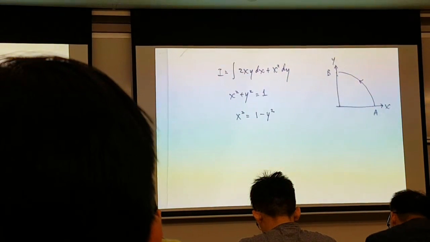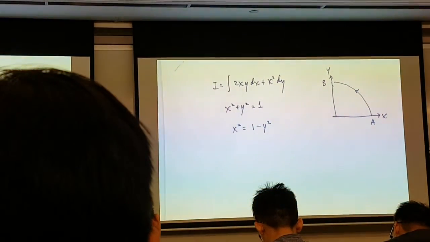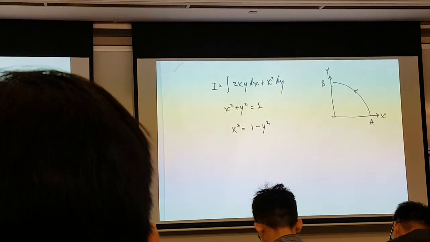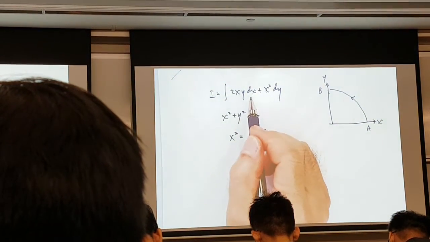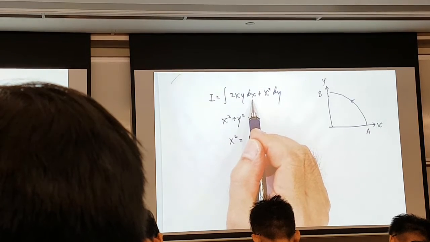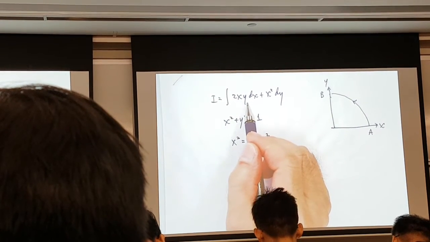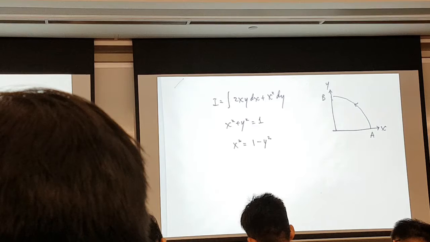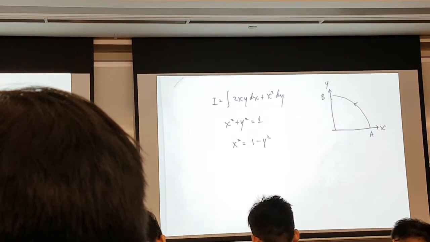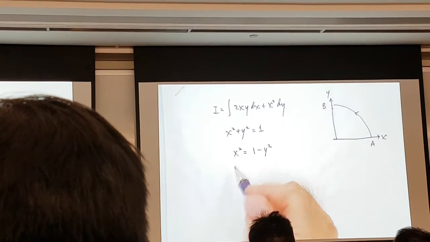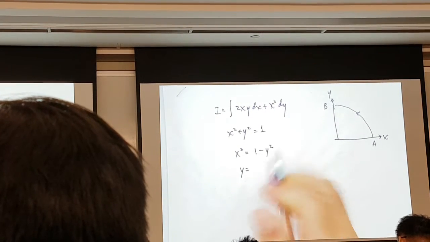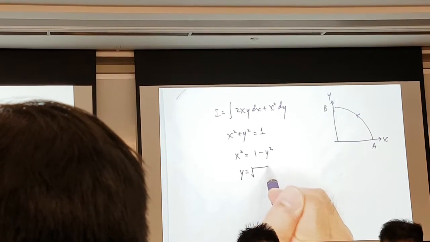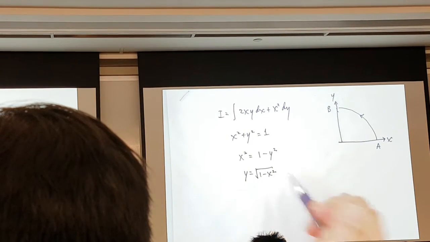So we have this relationship. Because here you're integrating with respect to x, that means I need to change y to something that is easier for me to work with. So you can see that y is going to be equal to the square root of 1 minus x squared.